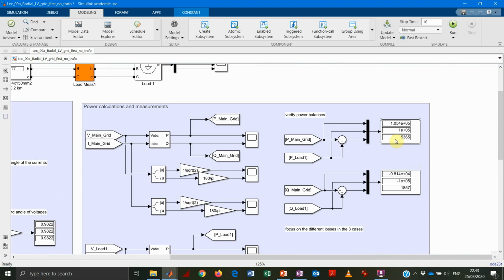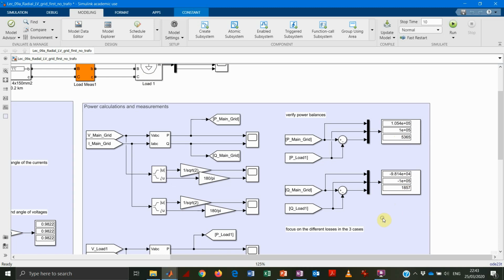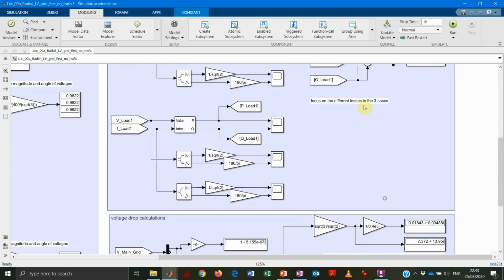In terms of losses, the fact that I'm sustaining the voltage is improving a little bit, but still I have a huge current flowing in the system, so this is not beneficial for the losses in the end. And the same for the reactive power. That means that I am producing this 100 kilovolt ampere here. The grid has to take basically all of them except for what is lost on the cable.